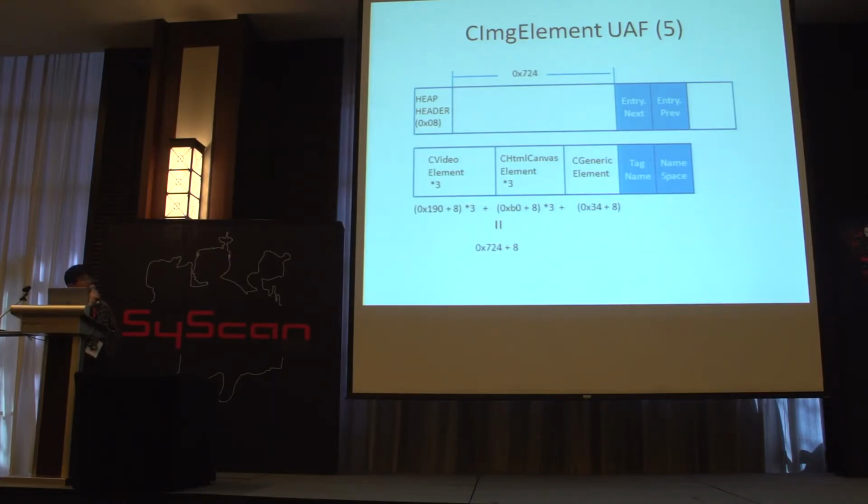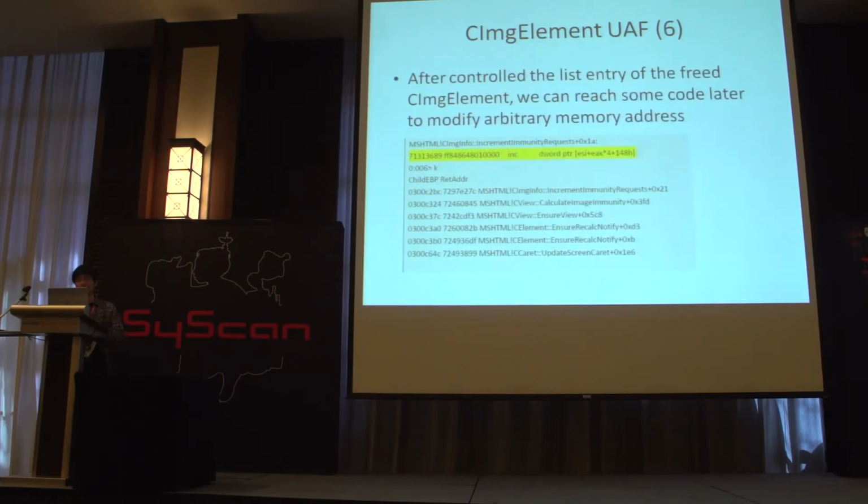And with this layout, you can see we can accurately control the list entry in the freed C image element. And after controlling the list entry of the freed C image element, we can reach some code that can write arbitrary memory. And finally, we can achieve remote code execution.